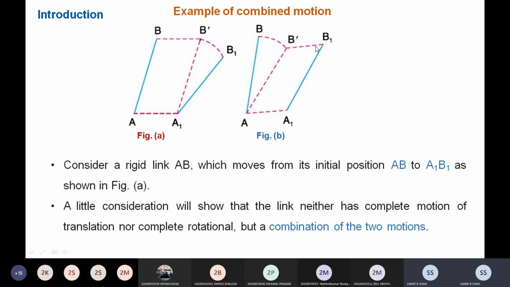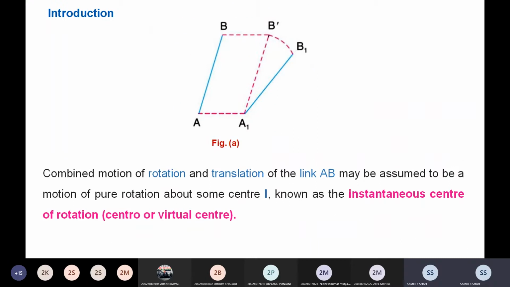The final position A1B1 is generated with the help of a combination of translation and rotation. Initially either translation is there or rotation is there. If both are combined, at that time we introduce the instantaneous center method.